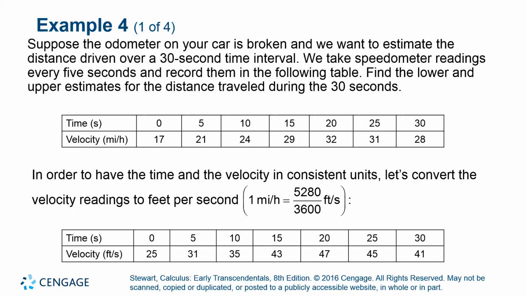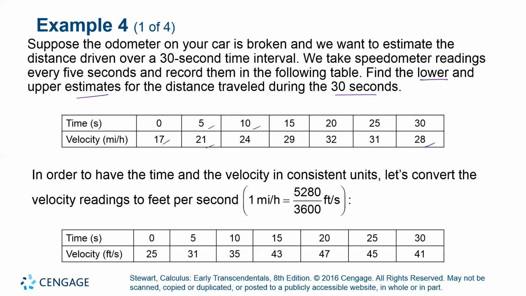Find the lower and upper estimates for the distance traveled during the 30 seconds. At time 0, since your odometer is broken, you read 17 miles per hour. Then 5 seconds later, 21 miles per hour, 10 seconds in that order, and at 30 seconds you had 28 miles per hour.